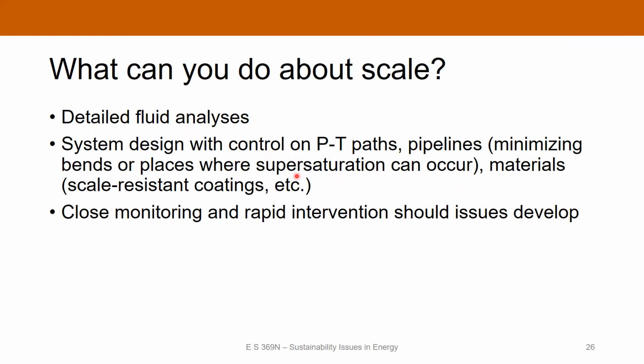You can also use materials with scale resistant coatings and that sort of thing to try to slow down the rate at which scale develops. But you also have to acknowledge that scale will form. And so you need to have an intervention plan and a monitoring plan to make sure that you solve problems before they become really big problems.